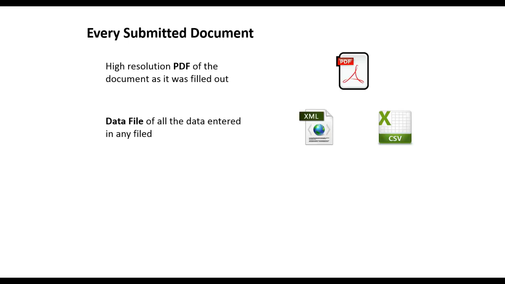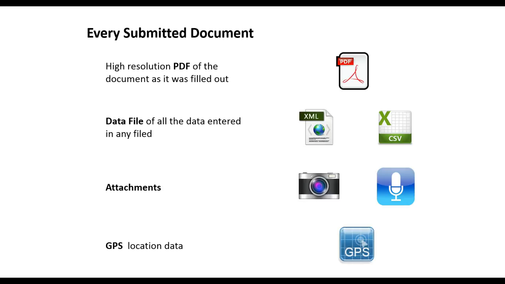With pen and paper, you get 2. You get the handwritten strokes plus the typed version. We also create a data file for every field of information that's entered into the form, and that's available as XML or CSV. We can also take photographs, annotate those photographs, voice notes, and including capturing GPS data.